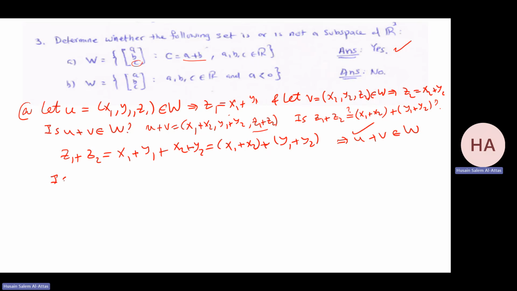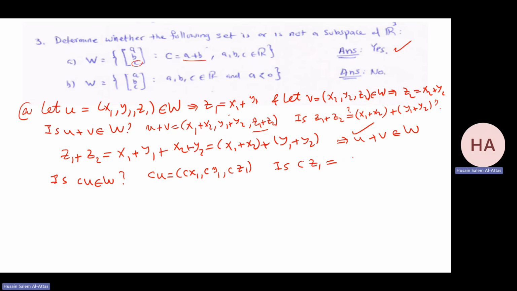The same thing for cu belongs to W. I check cu. What will it be? cx1, cy1, sorry, I'm used to doing x1, x2. Okay, cz1. I need to check the third component.